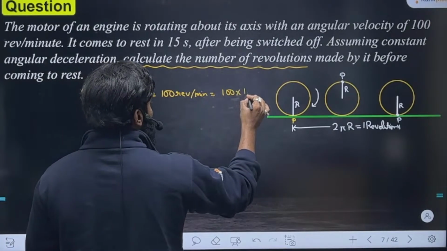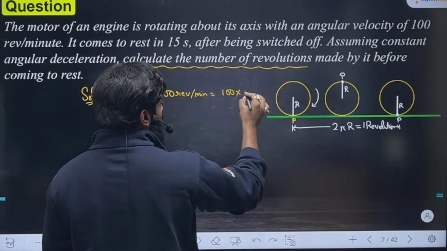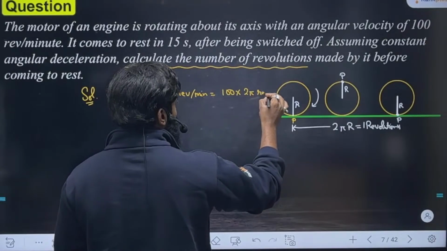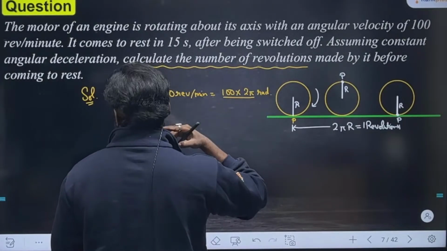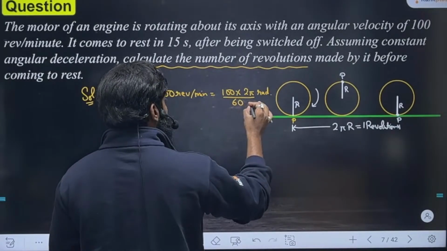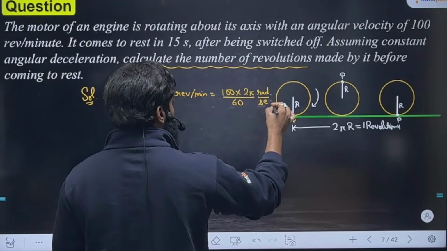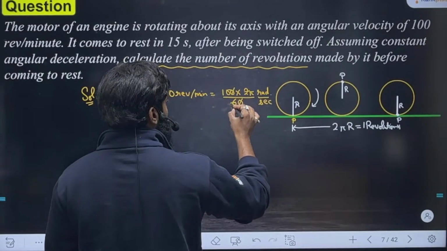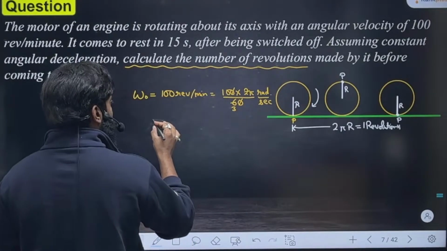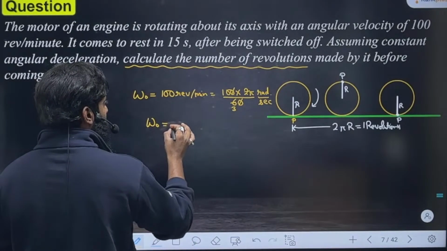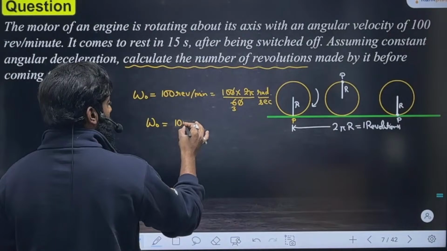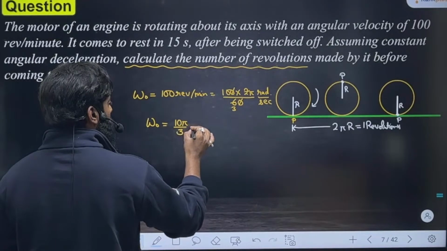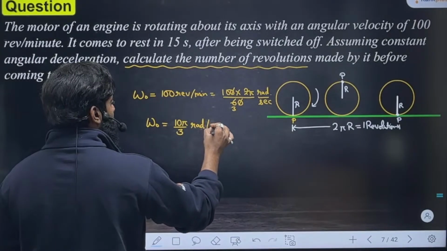One revolution is equal to 2 pi radian, divided by 1 minute, which is 60 seconds. You can cut this to 3. So you will get omega naught as 10 pi by 3 radian per second.